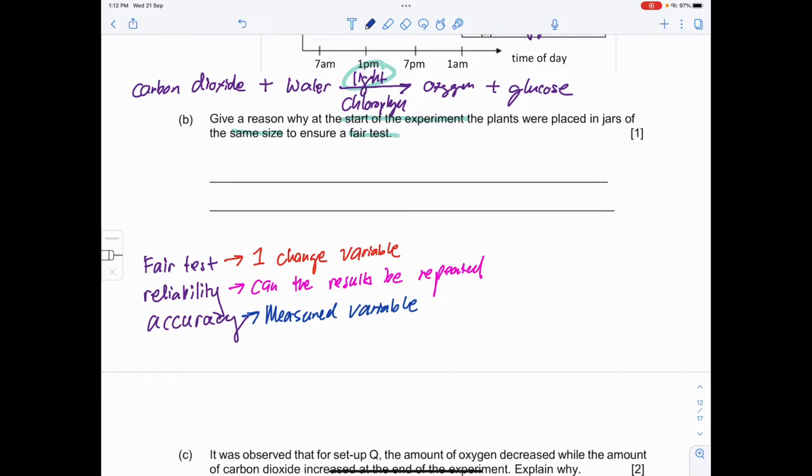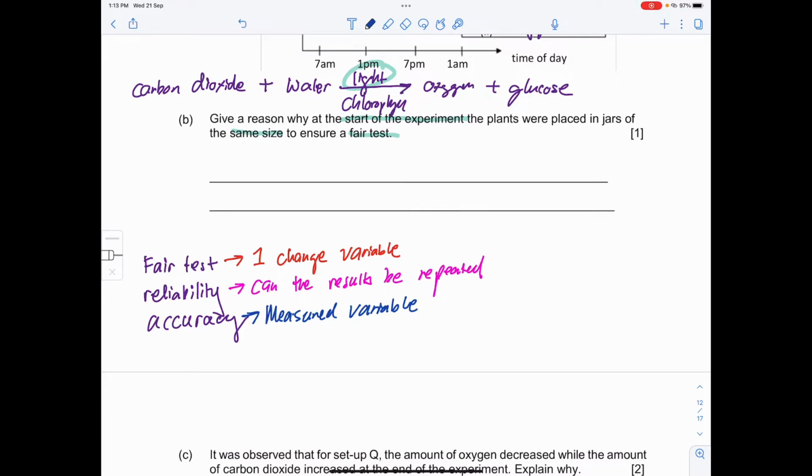So it doesn't matter how many individuals you inject the COVID vaccine in, they should get a very high rate of efficacy. Means that it works many times. So maybe out of 1,000 times, 999 times, the vaccine will work against the virus. That is called a high reliability. The results can be replicated.